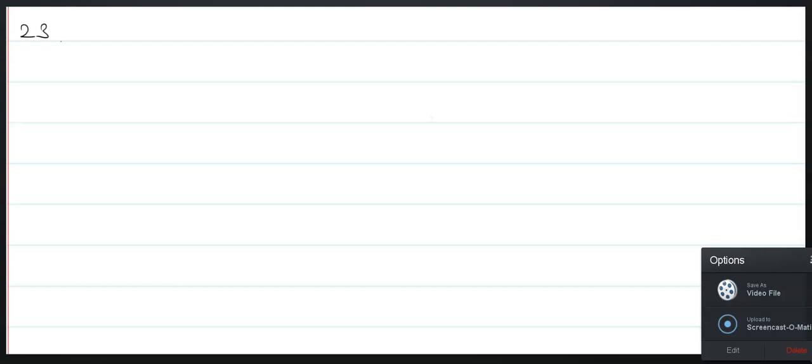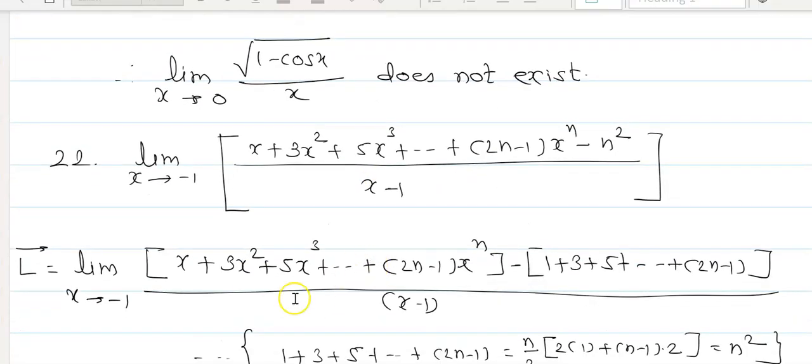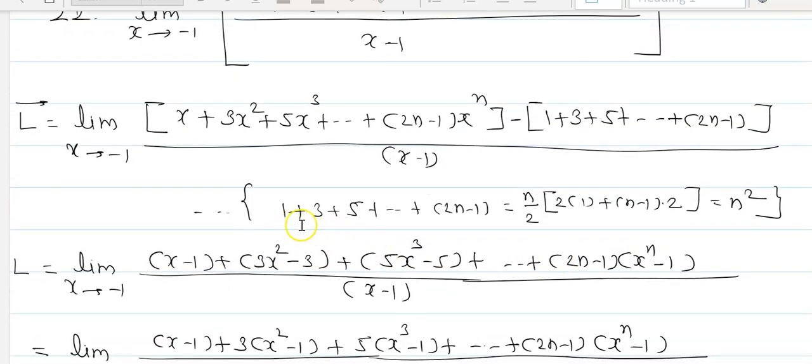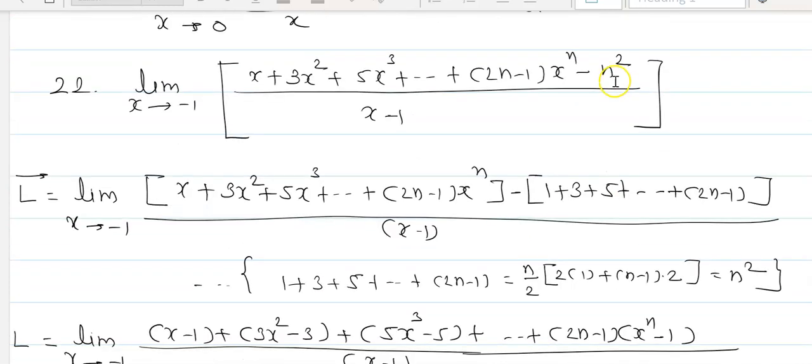Now, see this again here. Minus n square. This n square can be written as 1 plus 3 plus 5 plus dash dash 2n minus 1. Now this 1 will come here, x minus 1. This 3 will come here, 3x square minus 3, 5x cube minus 5, and again 1 plus 3. Why? N square means 1 plus 3 plus 5 plus dash dash 2n minus 1.